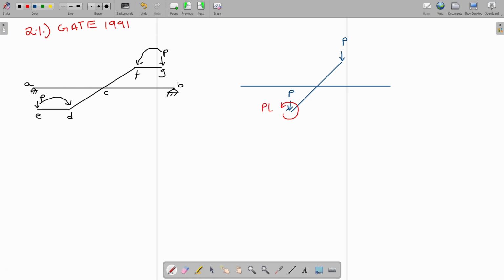Let this length be L. That is ED is equal to FG is equal to L. So this is PL. Similarly, at this point, the moment will be in clockwise direction. This is PL. This is clockwise and this is anti-clockwise.